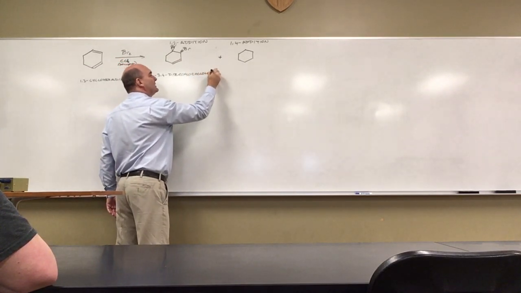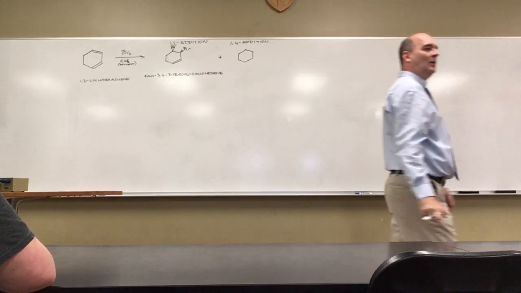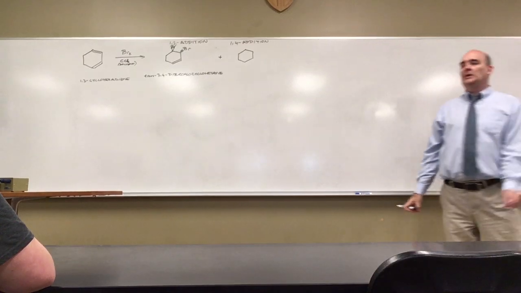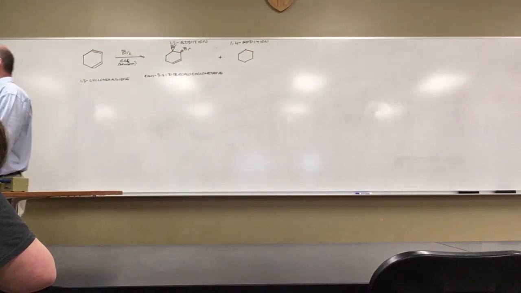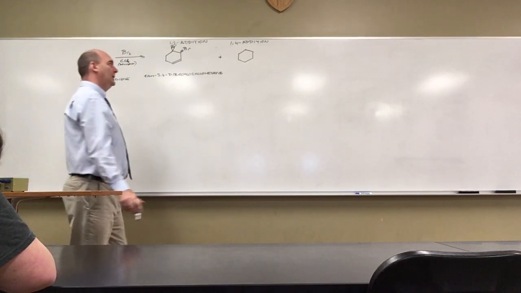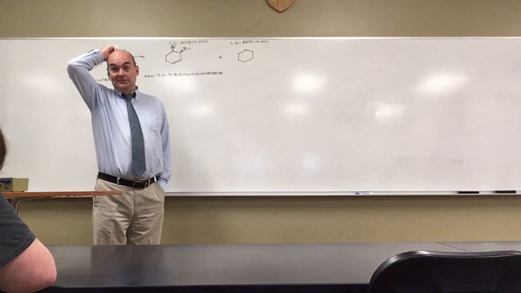Do I need a 1 to tell me that the ene is at position number 1 in my cyclic molecule? No, I don't. In cyclohexene, the ene automatically is between carbon number 1 and carbon number 2. All right, that was the easy one.